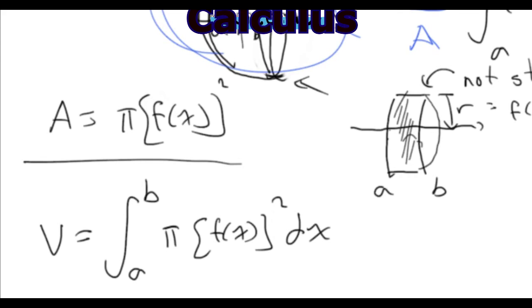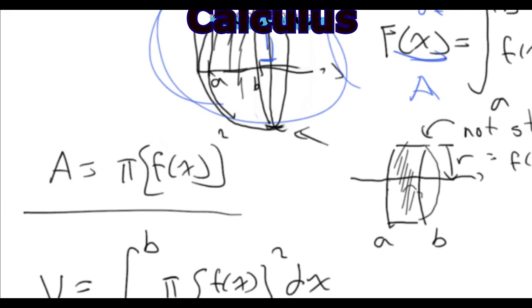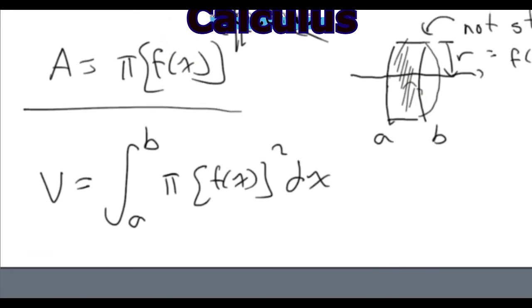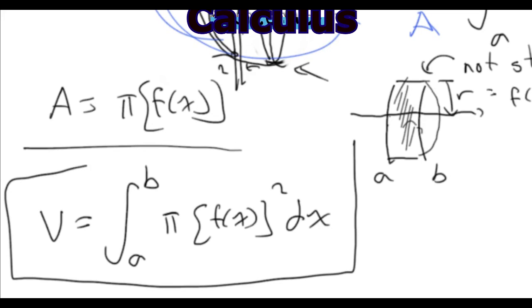And our dx is the small incremental width from here to here. I'm going to make some examples. Just note that this is the equation for finding the volume of a disk.